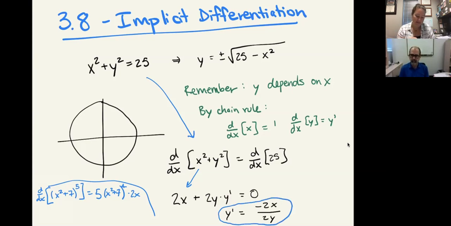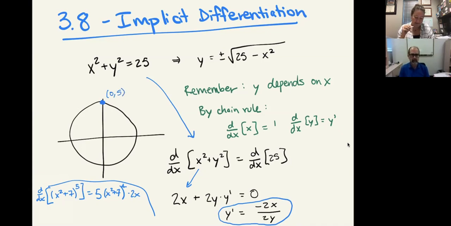So if I wanted to find it at a particular point, let's say here, this would be the point 0, 5. Circle with radius 5, yes.